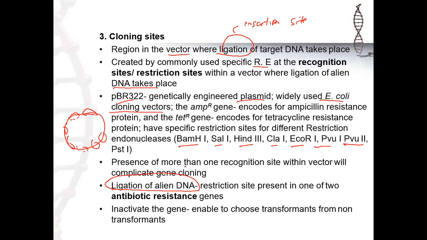So, of course, ligations of alien DNA, restriction sites present in one of two antibiotic resistant genes. No? In particular, doon sa antibiotic resistance, no? Focus kasi tayo sa example natin sa antibiotic resistance at as resistant to ampicillin, chloramphenicol. No? Okay. There is a restriction site present in one of two antibiotic resistant genes.